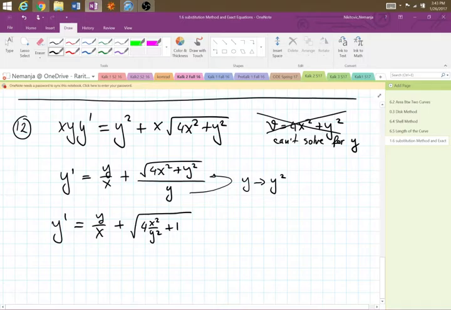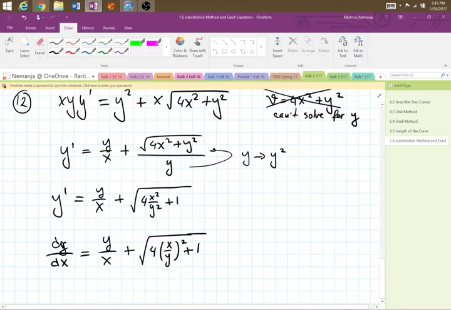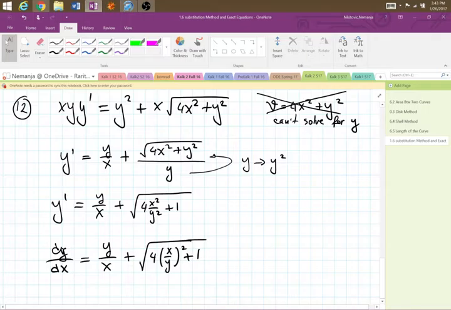Stuff is squared too, so now dy/dx is equal to y over x plus square root of 4 x over y squared plus 1. I like this a lot because I have y over x and x over y. So now we can choose our substitution and then work with it.